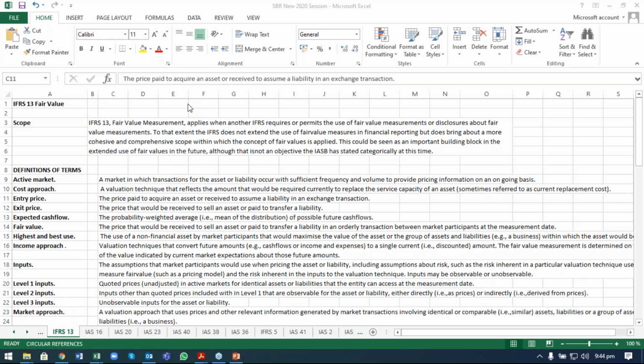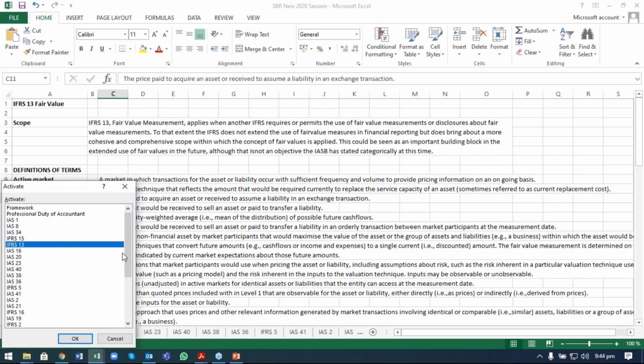Yes, I believe fair value is an exit price. I am saying the same thing, but I'll check it once again and come back to you on this over the WhatsApp group. But as far as my understanding is concerned, under IFRS 13, fair value is always an exit price. And NRV, you can't say that NRV is exactly an exit price.